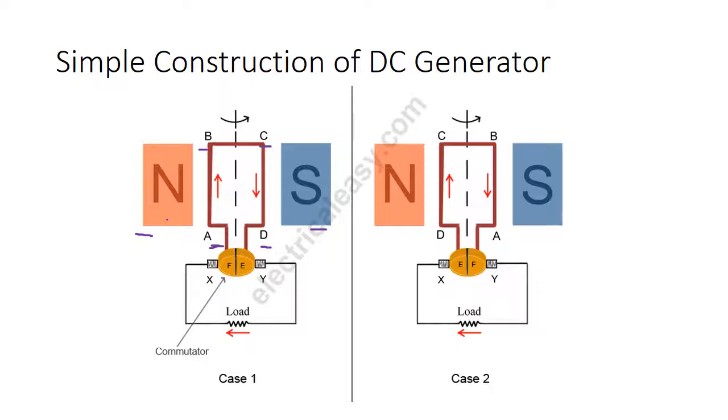The two ends of the coil are connected to the two halves of the split ring E and F. These two split rings are also called the commutator, and two carbon brushes are pressed lightly against the two half rings. X and Y are the two carbon brushes, and the current is taken out through the brushes X and Y.